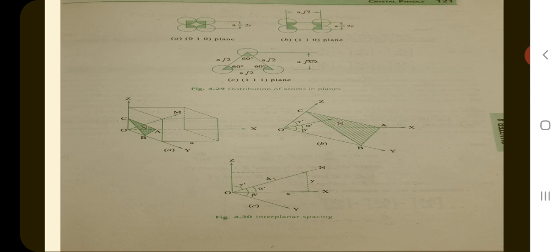Thus D1 is equal to D1 into cos square alpha dash plus cos square beta dash plus cos square gamma dash whole raised to 1 by 2.